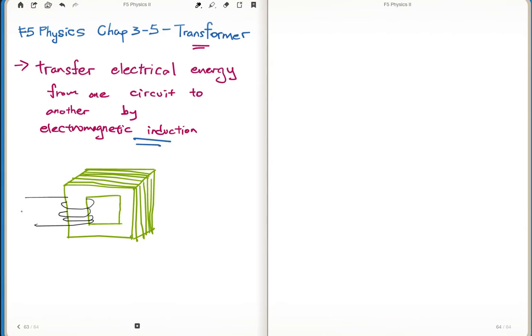This is my input from the 240 volt in Malaysia, or 120 volt in, let's say, a non-Commonwealth country. It is sinusoidal, an alternating current input. Or we don't fix it at 240. It's just an input. We name it as input. I didn't put any value. Maybe this is a switch.